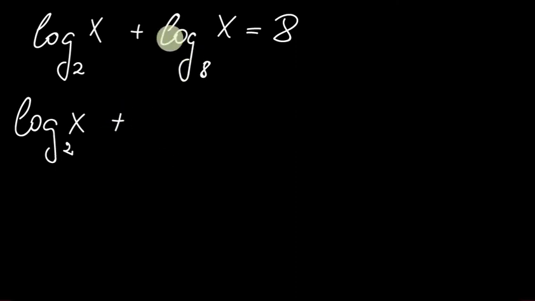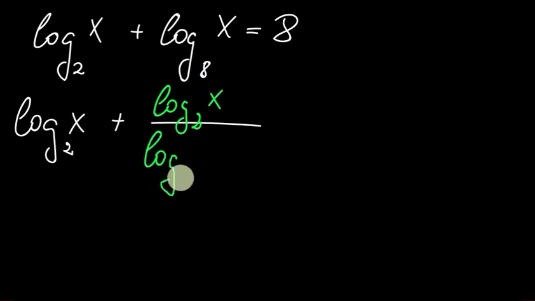Now we could write this 8 as 2 to the third power and move this 3 here, but let's change our bases, okay? So let's write it as logarithm base 2 of x divided by logarithm base 2 of 8. X is higher, so it moves up, and 8 is lower, so it moves down. That's how I remember it. And this is equal to 8.